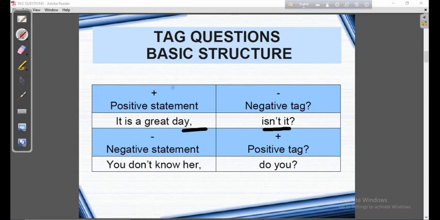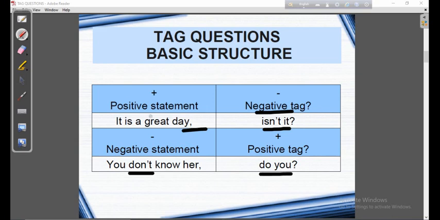So, what is the basic structure of the tag question? If the statement is positive, then the question tag will be negative. And if the statement is negative, it will take an affirmative tag.